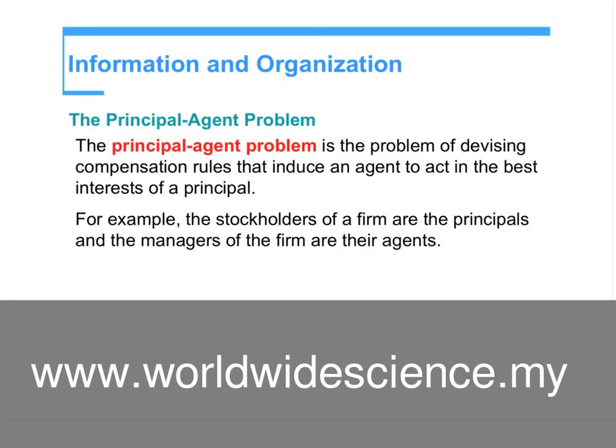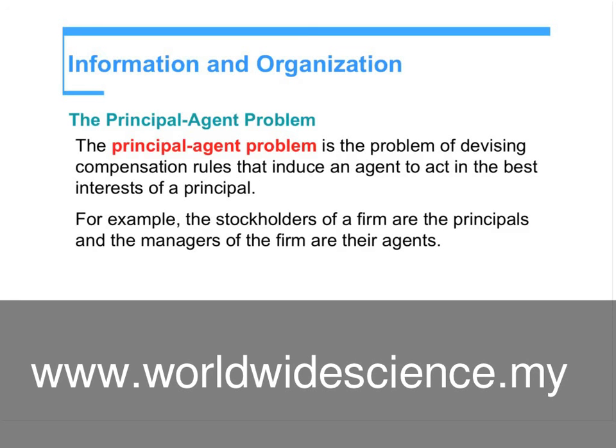So coping with the principal-agent problem, what can we do? Three ways of coping with principal-agent problems are ownership, incentive pay, and long-term contracts. By these three ways, we try to reduce the principal-agent problem to the least possible. So ownership, often offered to managers, gives the managers an incentive to maximize the firm's profits, which is a goal of the owners.